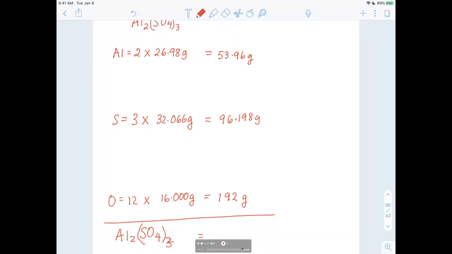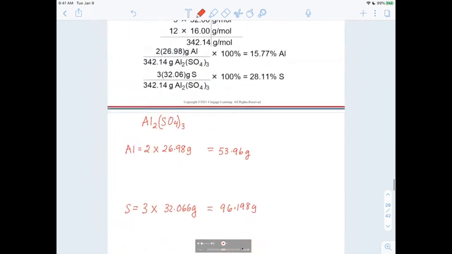Okay, it shows I have 342.158 grams. Let me make sure this is correct before I continue.